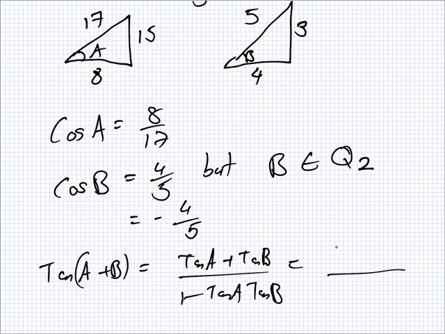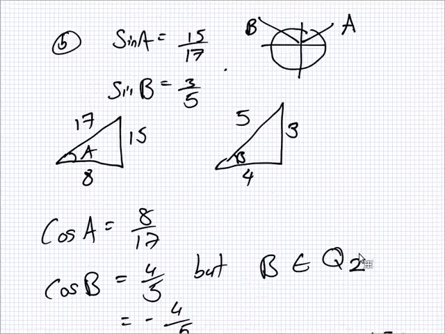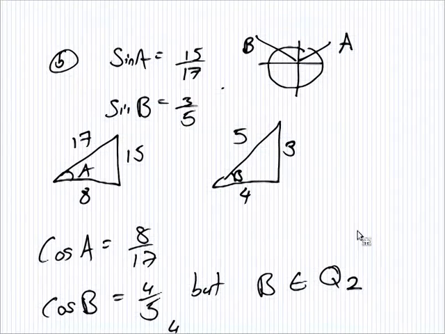Now, tan A is 15 over 8, and tan B is 3 over 4. However, because you're in the second quadrant, tan is negative.